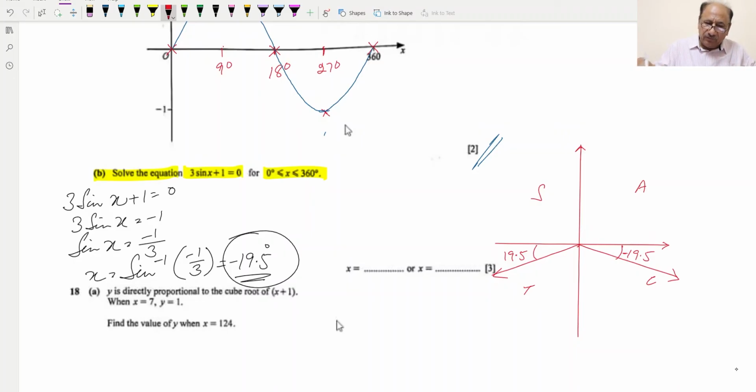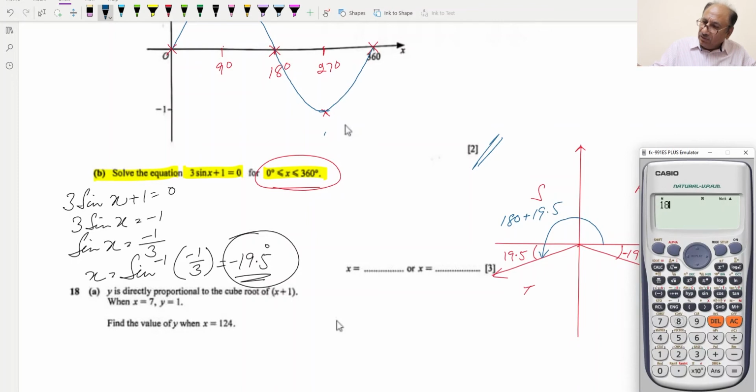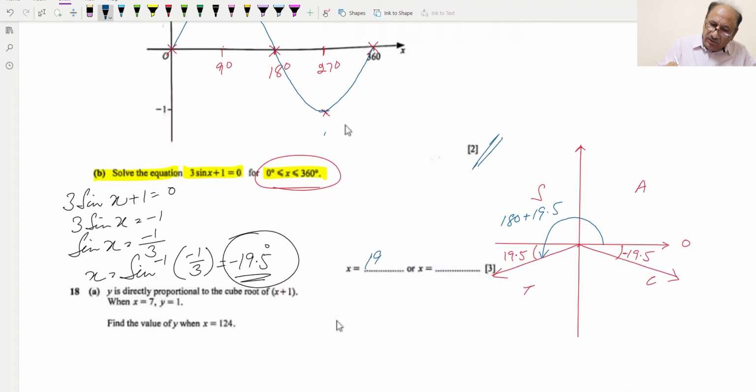Now for the range given, we will start from here. This is our 0 line. The first angle which we will get will be this one, which is 180 plus 19.5, and if we calculate 180 plus 19.5, this will be 199.5. So our one answer will be 199.5 degrees. And the second answer, I'll change the color so that you can identify.